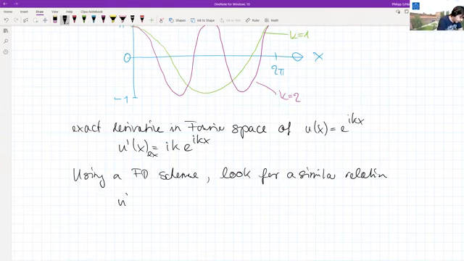So what I mean is that I would like to write my numerical derivative in a similar way, ik e to the ikx.